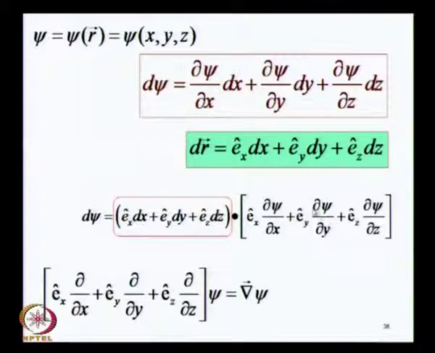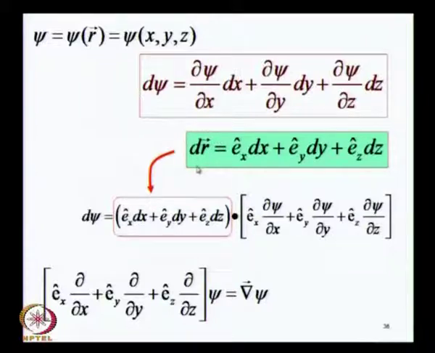It is the recognition of this displacement vector as Ex dx plus Ey dy plus Ez dz, which is what generates an interpretation of this vector as the gradient of psi.